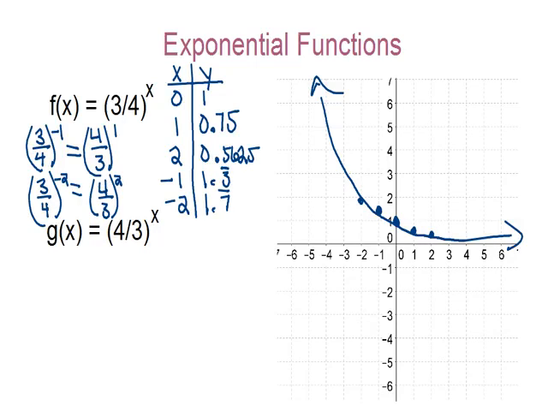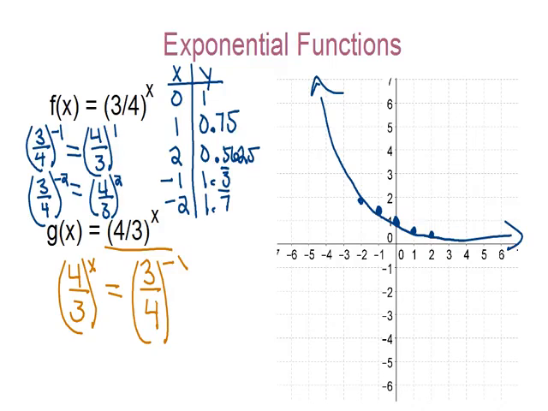Now, so at first it looks like this isn't the same as the parent function because it's got 4/3 instead of 3/4. But we've got to use that idea about using negative exponents to flip something. So if I want to make this look like it has the same parent function, I'm just going to flip around the fraction and make the exponent negative.